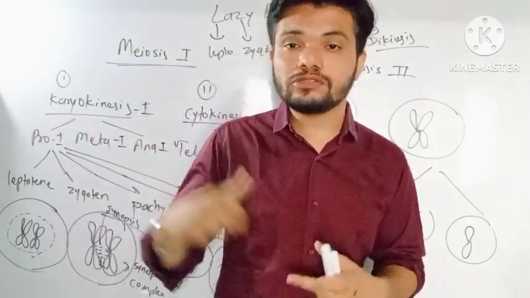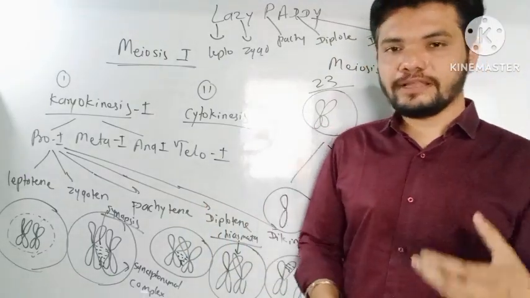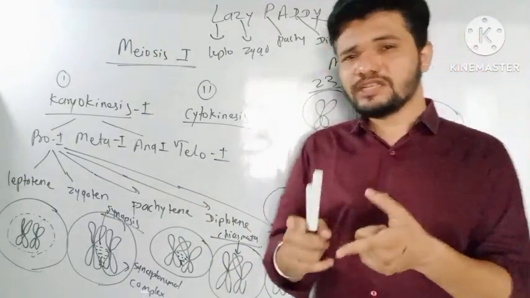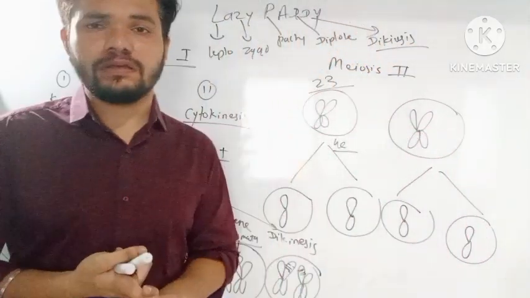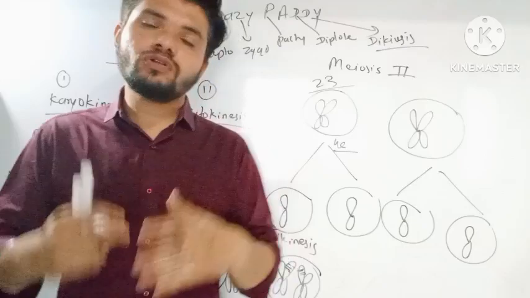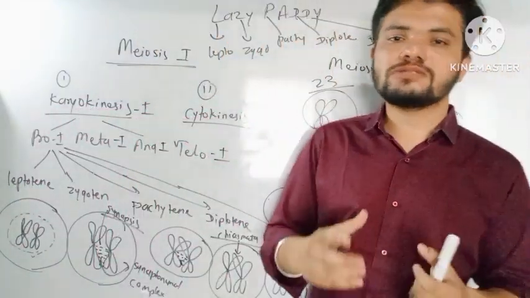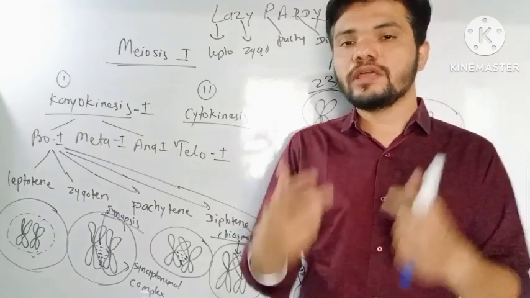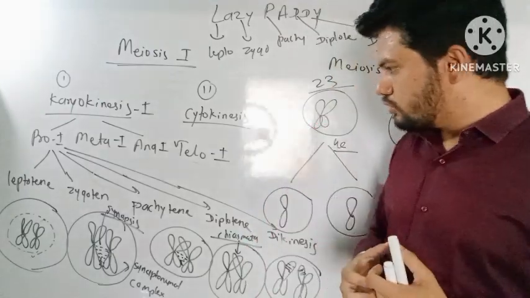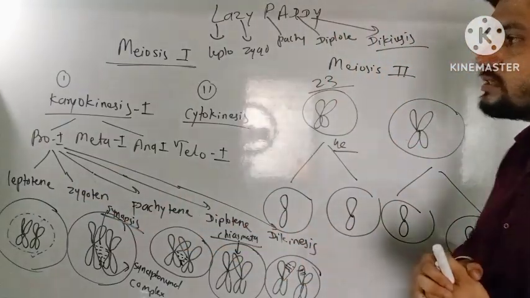Their gametes are produced by meiosis, so the genes should be recombined to form new combinations, because it is very necessary for the process of evolution. So this is prophase 1 of meiosis 1.